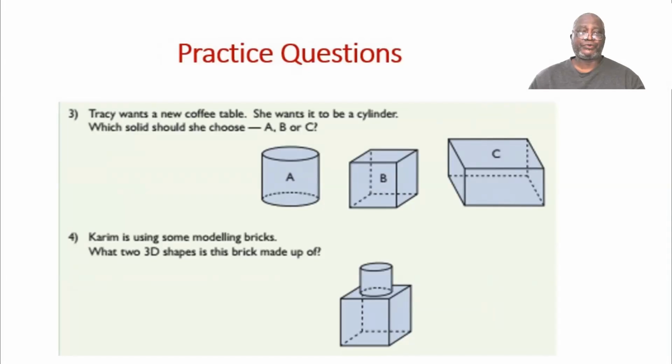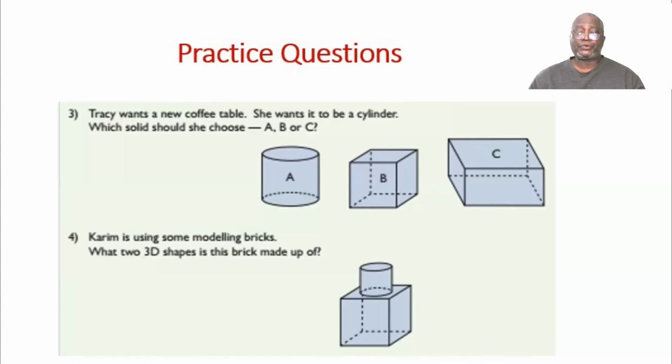I am not going to read this to you. However, for question 4, you see that it's made up of 2 different 3D objects. So you need to take that into account, and you will begin to realize that when you're looking at an object, you need to look at it critically.